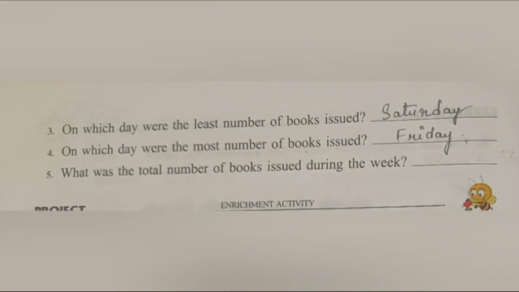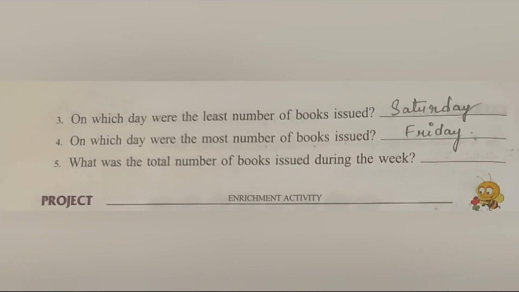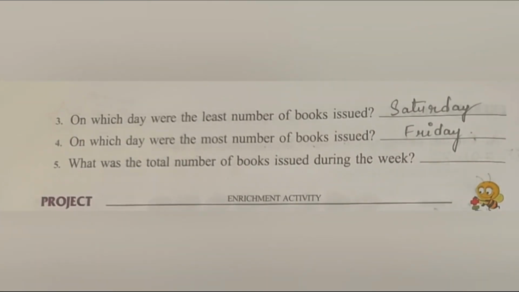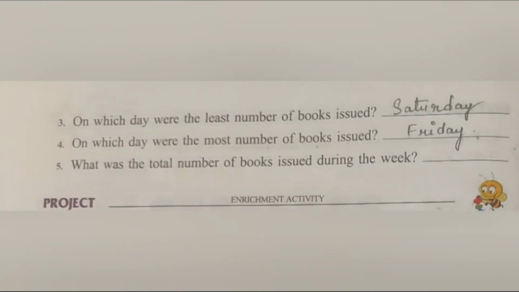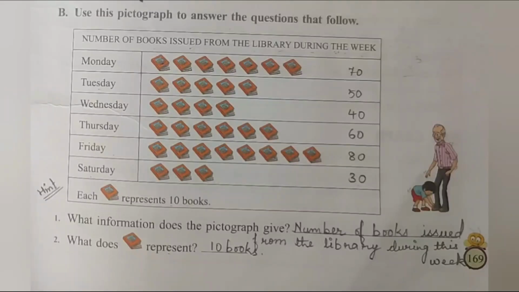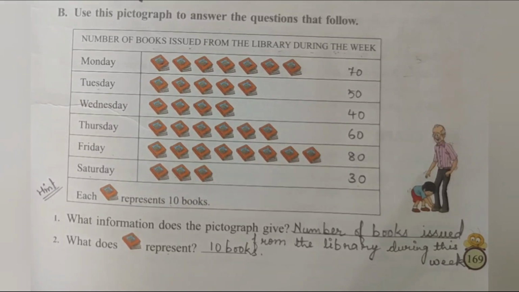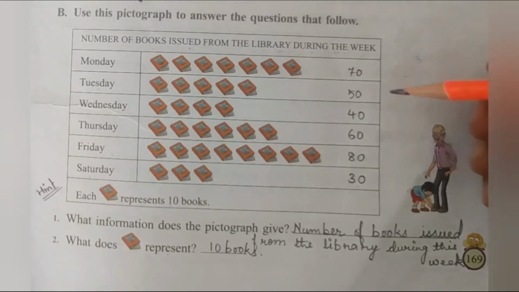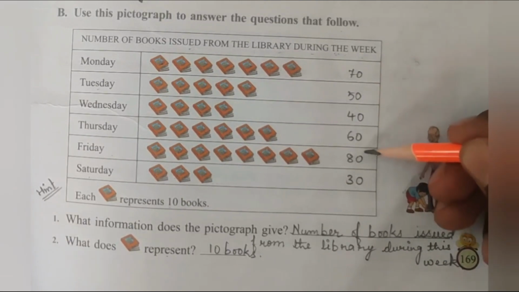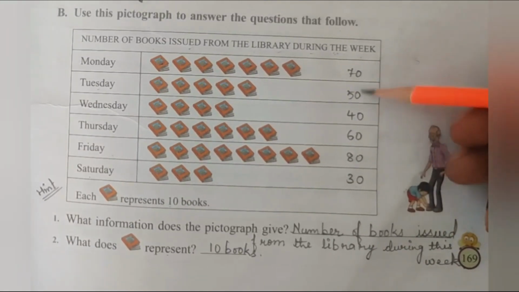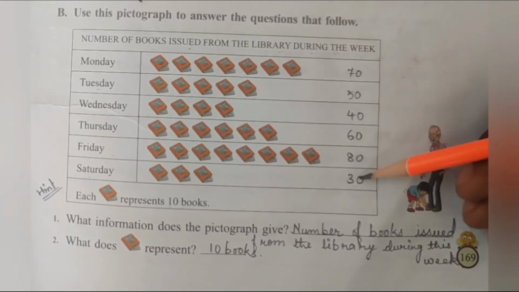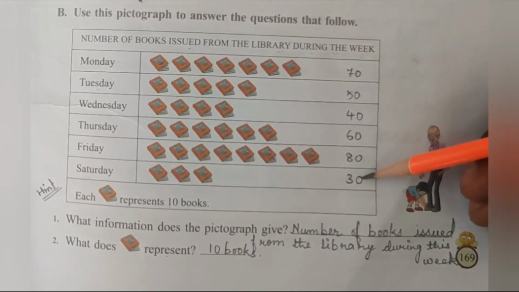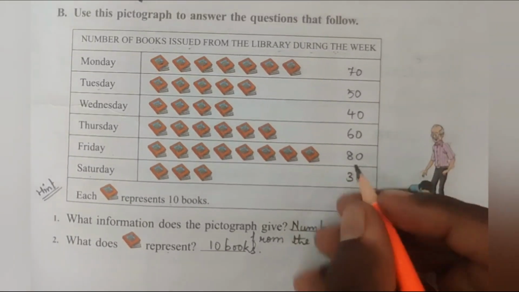Now the next question, that is what was the total number of books issued during the week? Now here we have to find out the total number of books issued during this week. So we are going to add these numbers what is given over here and get the answer.